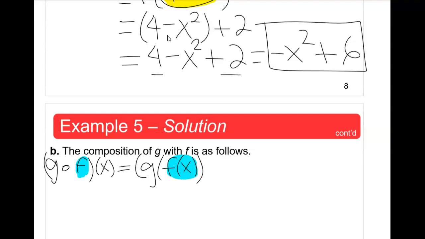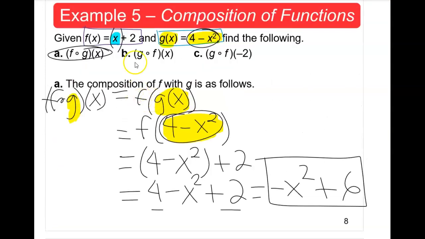So the function, and actually I don't need the parentheses here. Okay, so now the equation that we're going to replace f of x with is the one that we had up here.